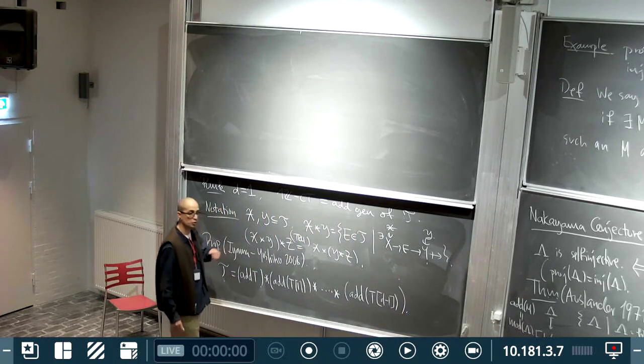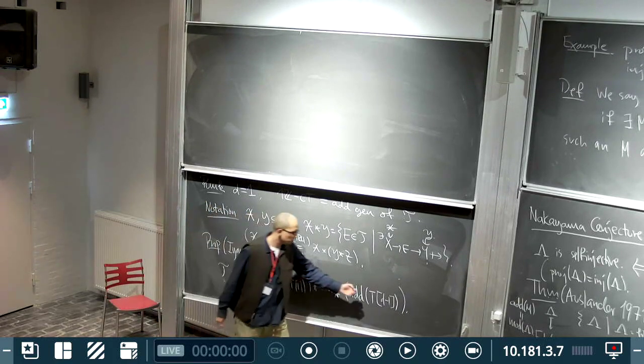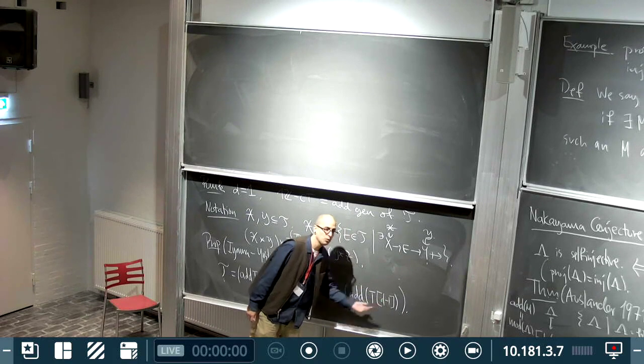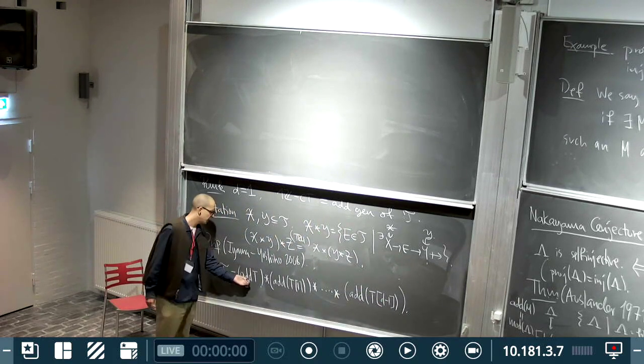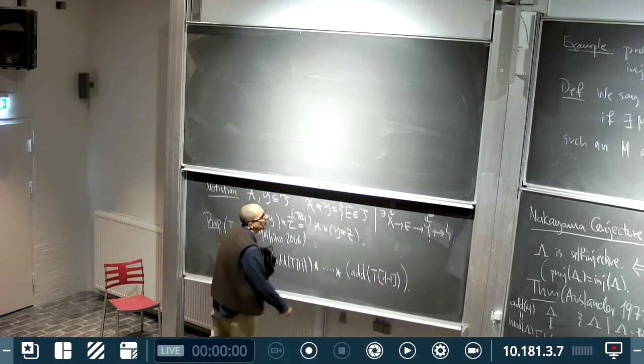I'll explain in a second what this unravels to. But notice that for d equals 1, I get here 0, so I just recover the statement that the additive closure of T is the whole ambient triangulated category.